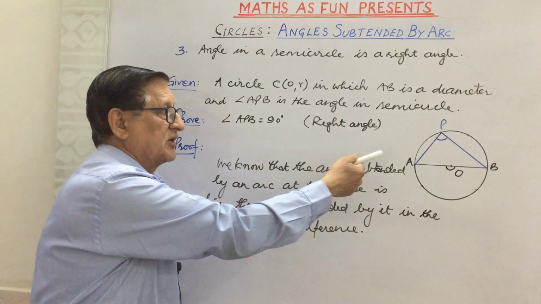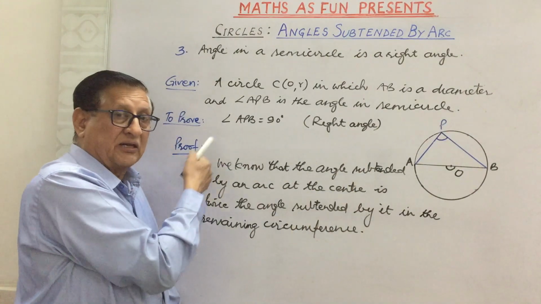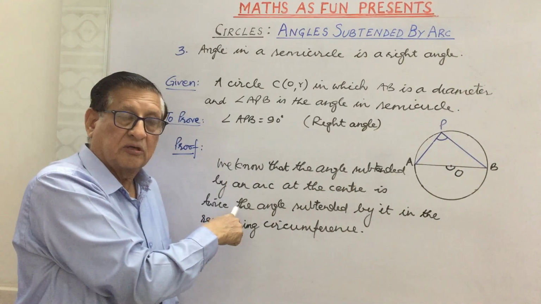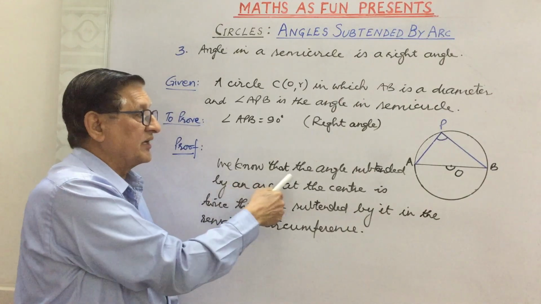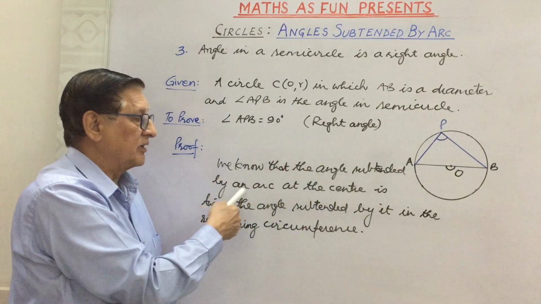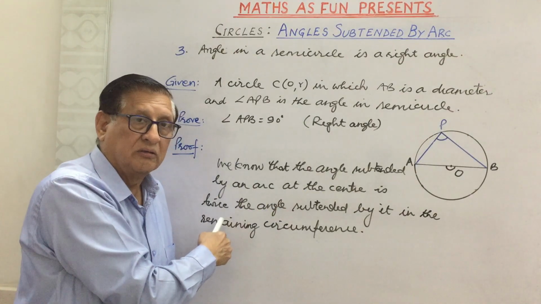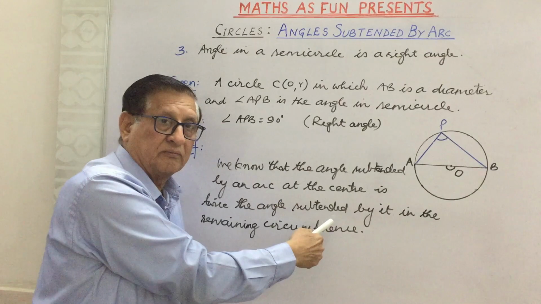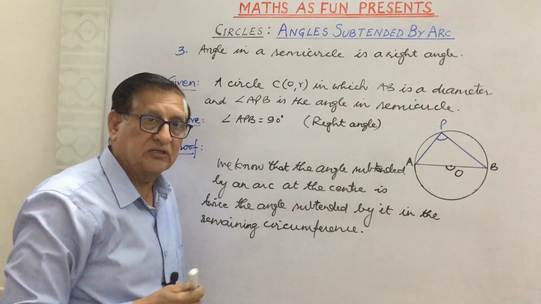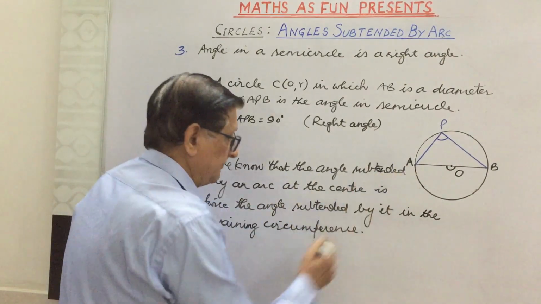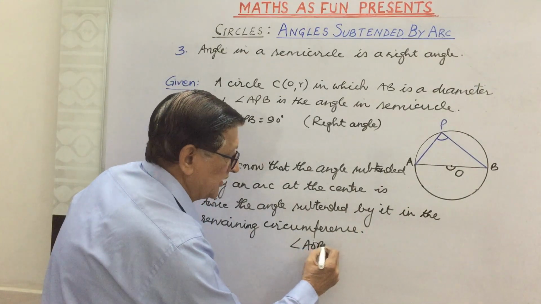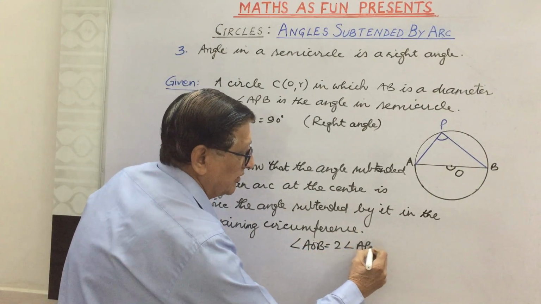There is no construction required. We go for the proof and then we quote the theorem which we have learnt before this. That is, we know that the angle subtended by an arc at the center is twice the angle subtended by it at the remaining circumference. So here we can say that angle AOB is twice angle APB.